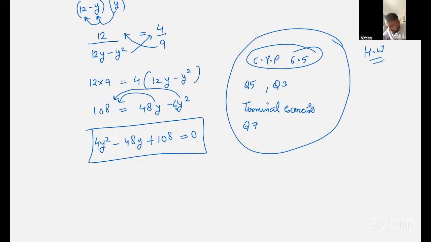The answer is nearly about 5 and 10. It is written. The answer is 3 and 9.